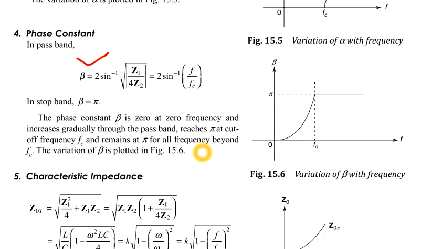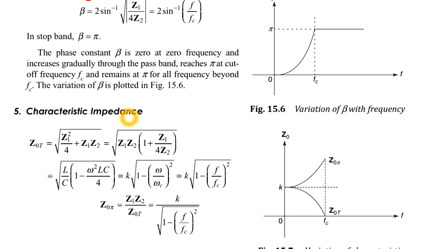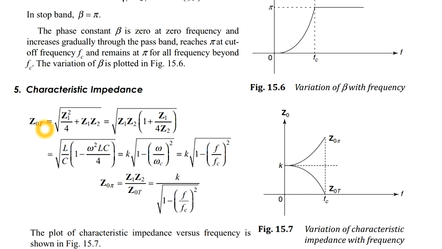Now what is the characteristic impedance for this low pass filter? We all know Z0T, T indicates T type. If it is the T type low pass filter, then what will be the characteristic impedance? This Z0 indicates characteristic impedance and the formula is this one. We all know this.